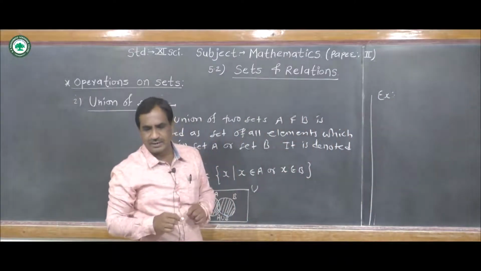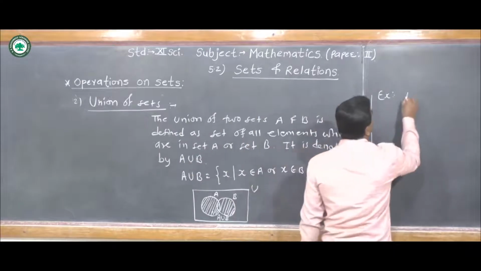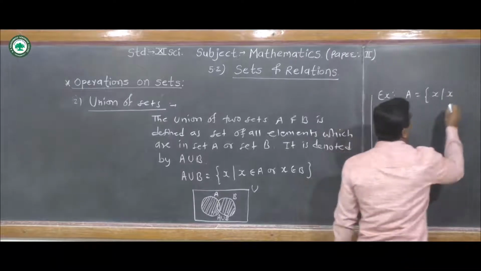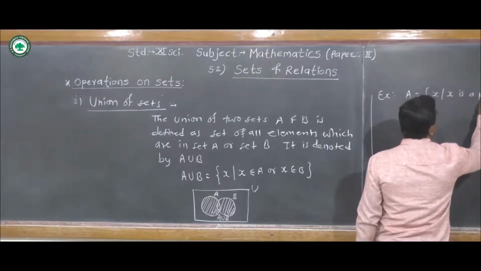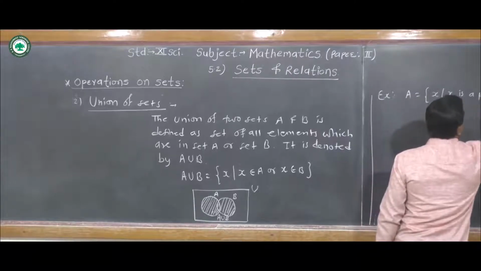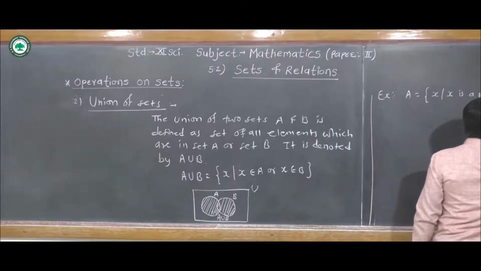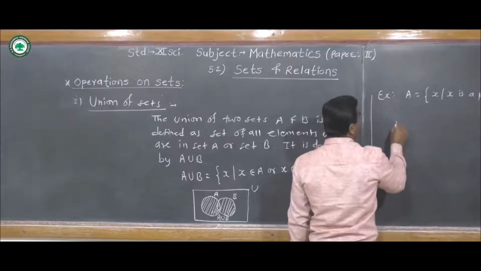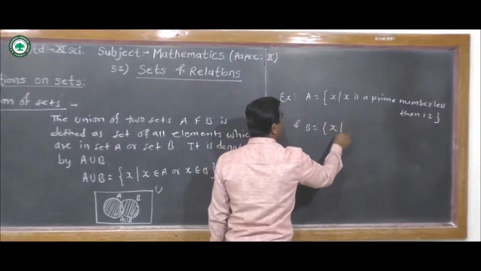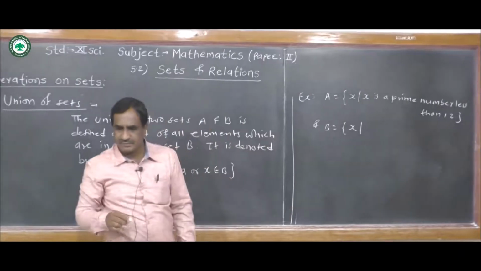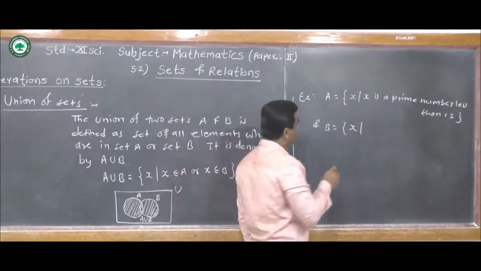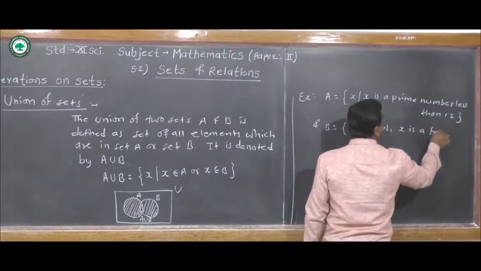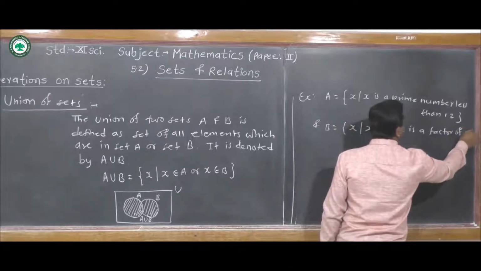Now consider any two sets, set A is equal to, in curly bracket, X such that X is a prime number less than 12, and set B is equal to, in curly bracket, X such that X belongs to N and X is a factor of 8.